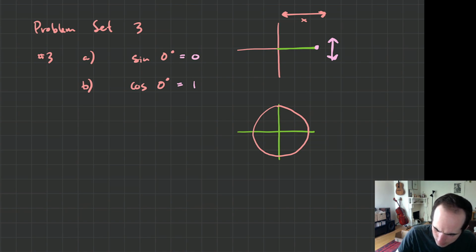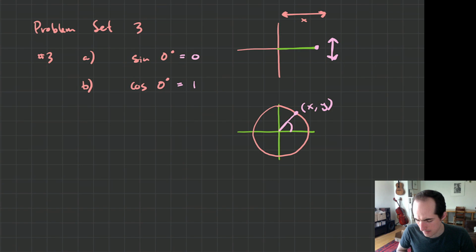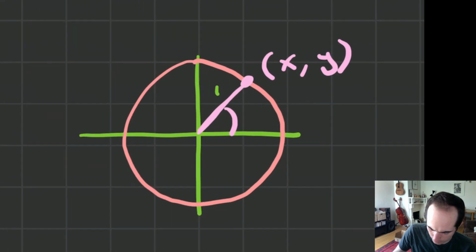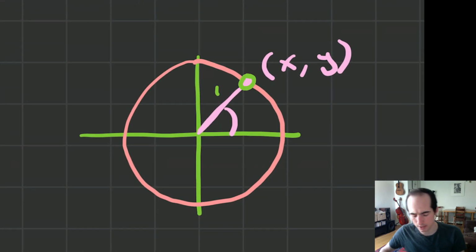You can think of all of these sine and cosine values as the x and y coordinates of the terminal point, where the radius of this circle is equal to 1. So if that radius is equal to 1, then the x and y coordinates of this terminal point correspond to the sine and cosine values.